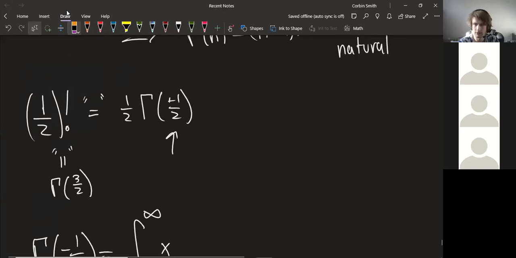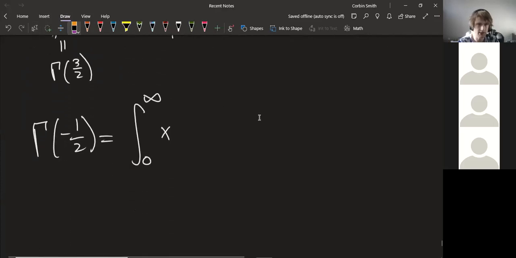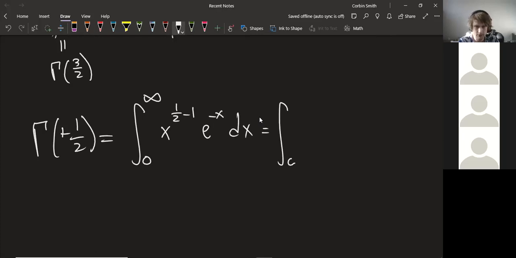Okay, that's good enough. So we have positive 1/2 minus 1, e to the minus x dx. So this is equal to the integral from 0 to infinity of x to the minus 1/2 e to the minus x dx. As it stands, this thing looks pretty ugly.